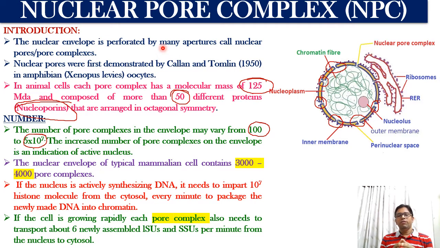A protein of 17,000 Daltons takes 2 minutes to equilibrate between cytosol and nucleoplasm, whereas proteins larger than 16,000 Daltons are hardly able to enter the nucleus at all.